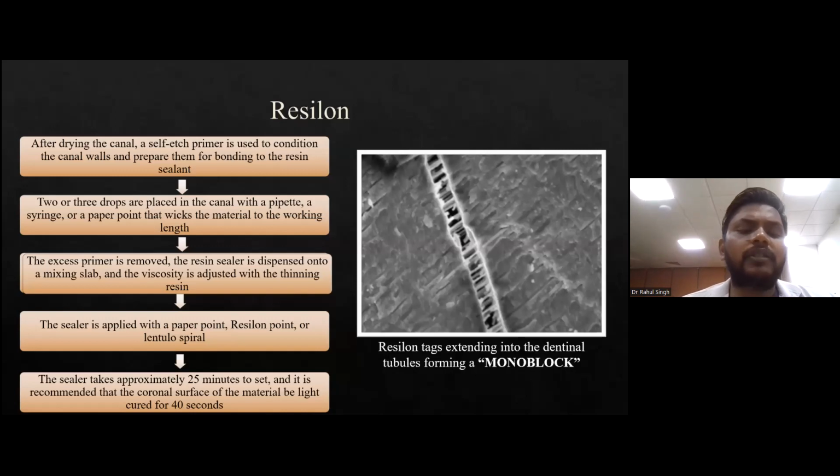The sealer takes approximately 25 minutes to set, and it's recommended that the coronal surface of the material be light cured for 40 seconds. The master cone radiograph is exposed to verify the apical position because NaOCl may affect the bond strength of the primer. And EDTA should be the last irrigant used before rinsing the canal with sterile water, saline, or chlorhexidine.